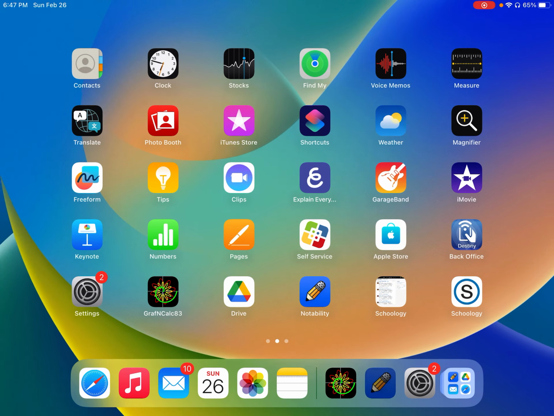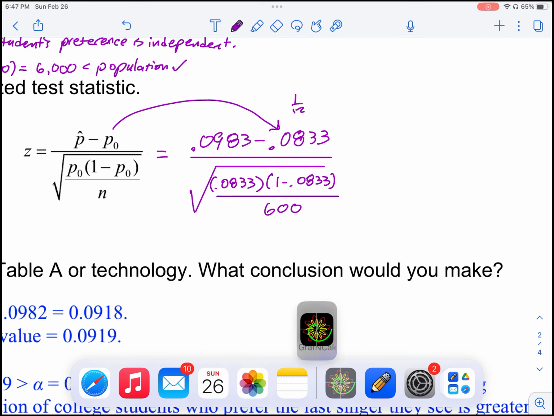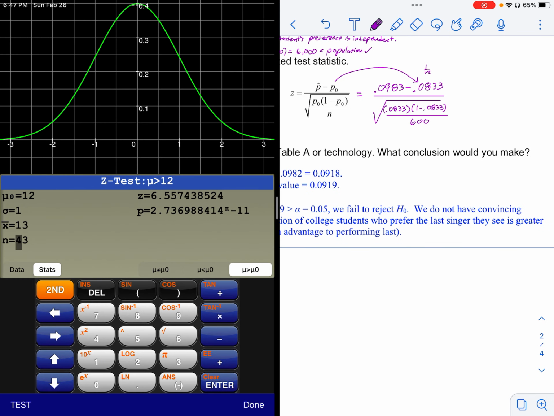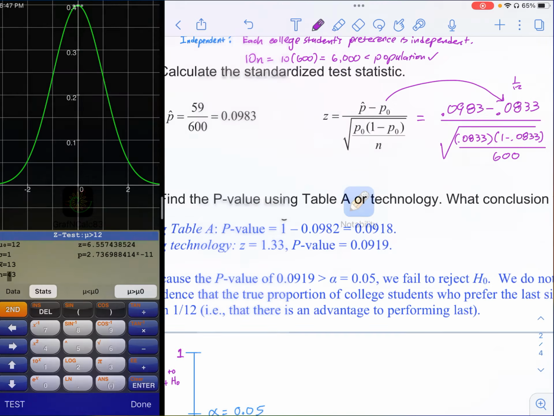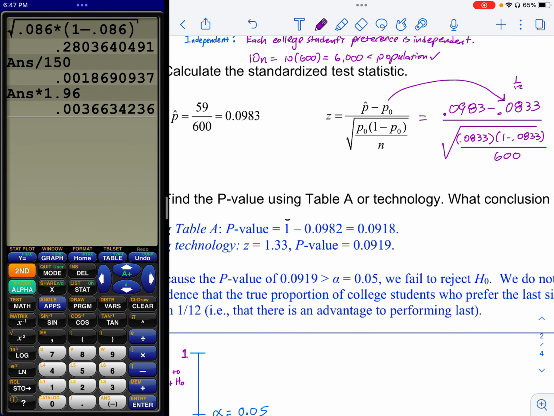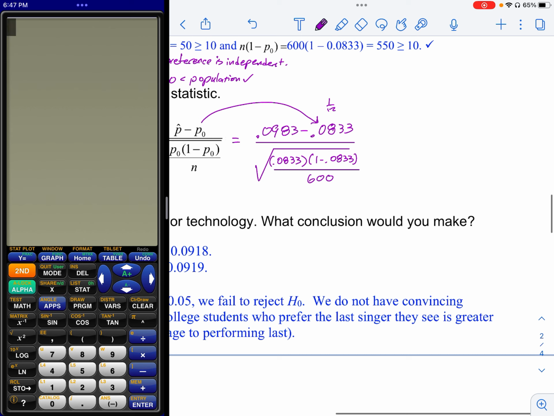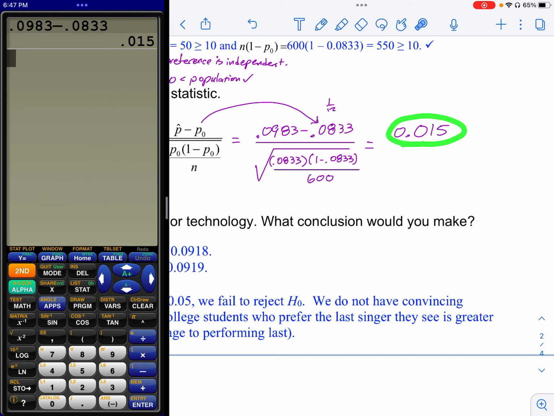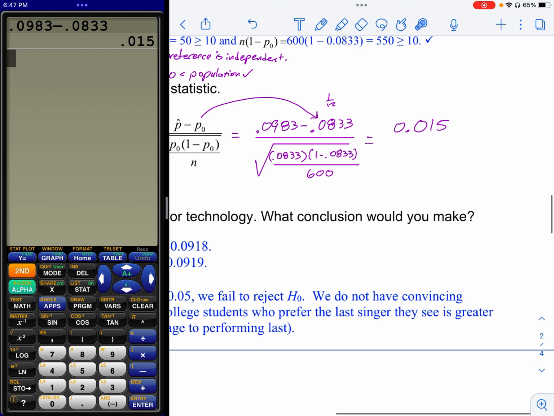How would I do this on a calculator? Like so. I would do the numerator first. So essentially I know that this statistic is about 1.5% above what I expected. Then I would do the denominator in one line.